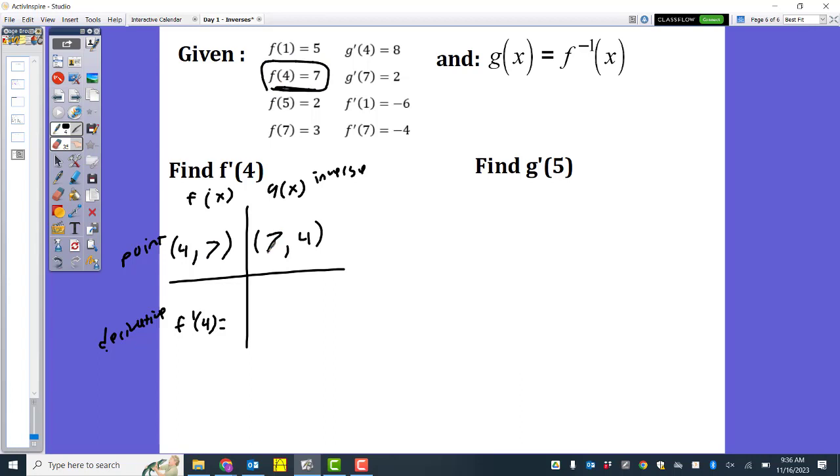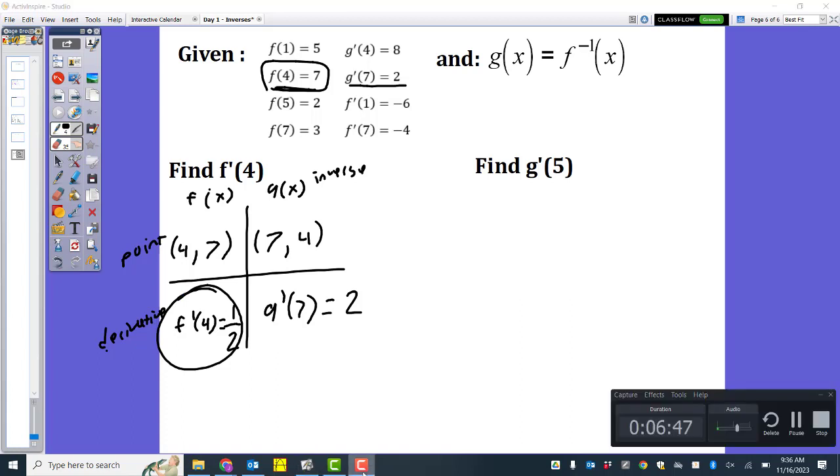Okay, so that fills in that point there. And now that tells us what derivative of g we're trying to find. We're trying to find g prime of 7. And so we can look and see, and we see, oh, g prime of 7 is 2, and the reciprocal would be 1/2. So there's our derivative. You can try the same thing on number 5 on your own. That's it. Let me know if you have any questions, and I'll see you next time.